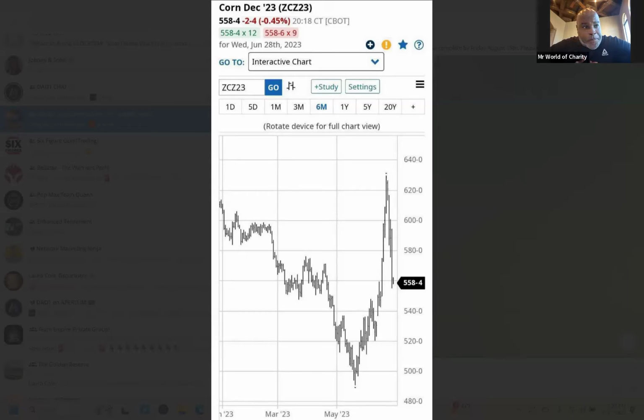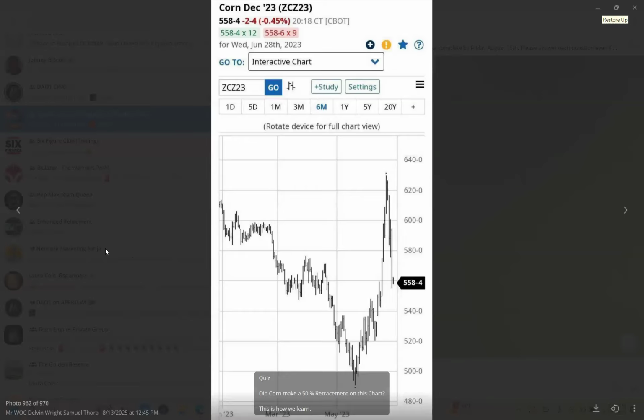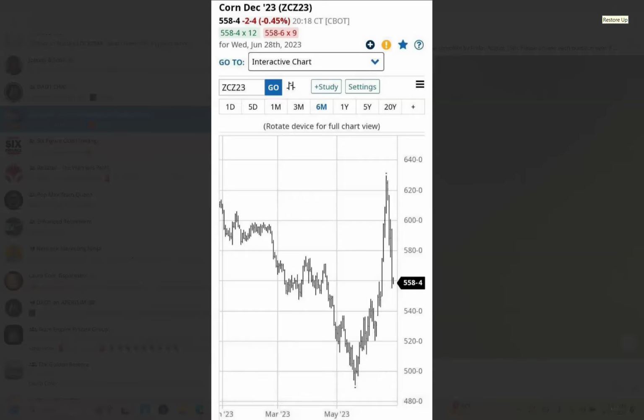Everybody good? So basically, what you are saying is that the 50% retracement, once you get into the market, will be the point where you want to exit the trade, because it tells you that the market would most likely go up to that amount.